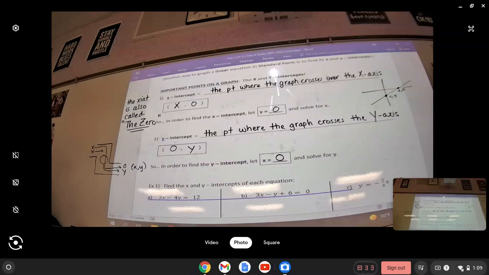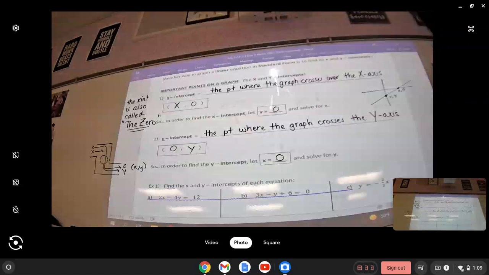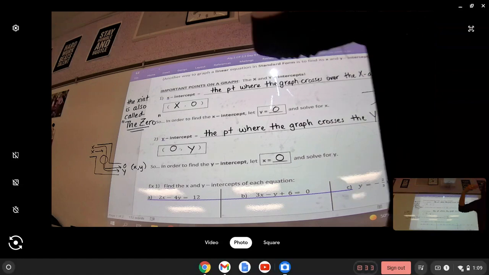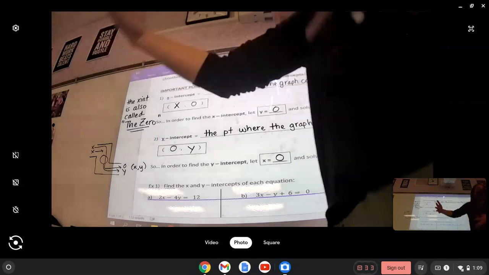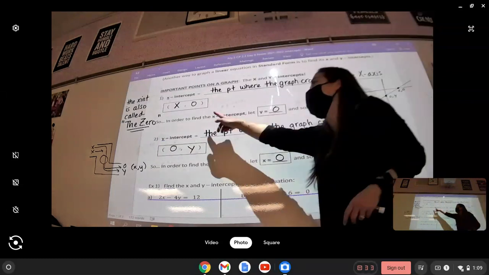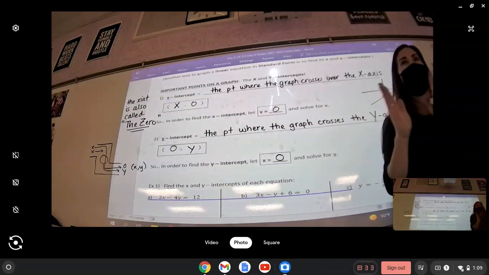So just know that for the future, because when you get to pre-calc, I don't even know if they say x-intercept anymore. They just say find the 0. And you have to understand that the 0 is the x-intercept. It is the x value that makes the equation equal 0, that makes y be 0. So please get used to that, and you'll definitely hear me talk about that in chapter 4. You'll hear the 0, but it's an x-intercept. It means the same thing.